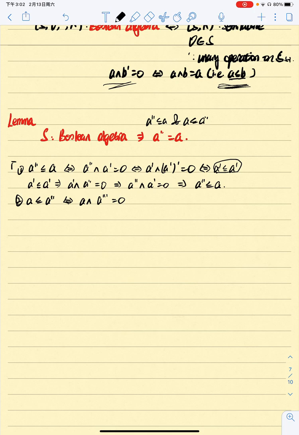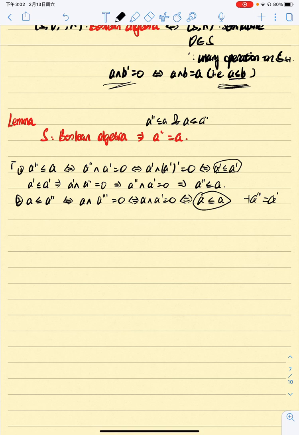Here, suppose A triple prime is A prime, then we change to A and A prime is 0. Then A smaller than A. Actually, A smaller than A is true, right? So it remains to prove A triple prime is A prime. We need to show A triple prime equals A prime.